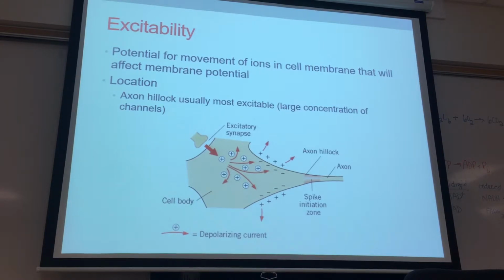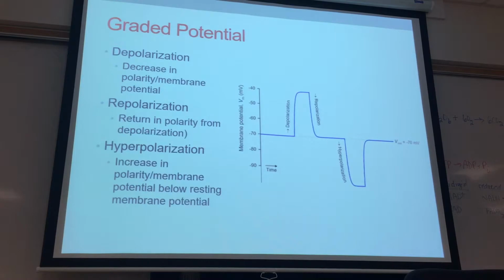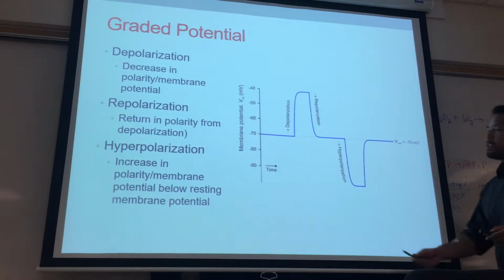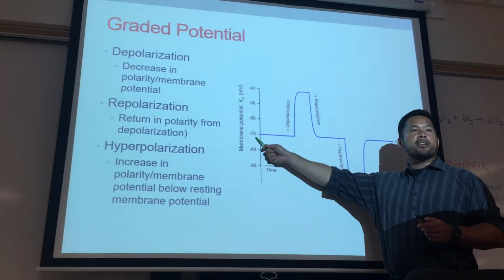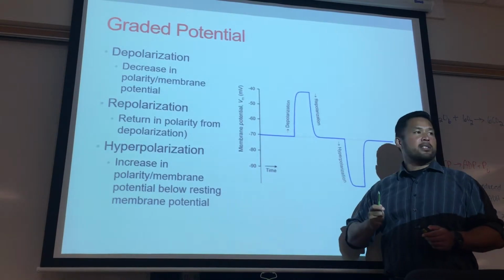So when we measure the membrane potential, if we were to take a look at it on a graph, and I don't need to draw the graph because you'll see the graph on the next slide, we can measure the membrane potential, which is at rest, negative 70 millivolts.